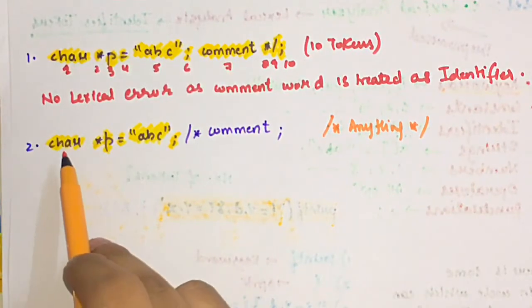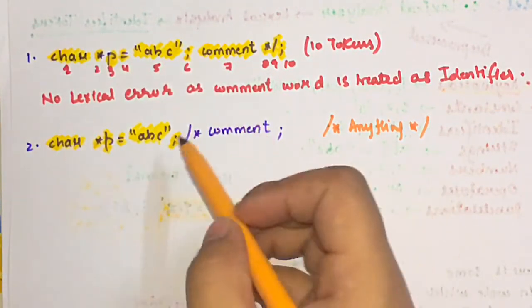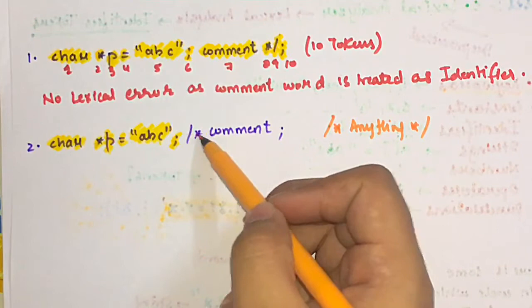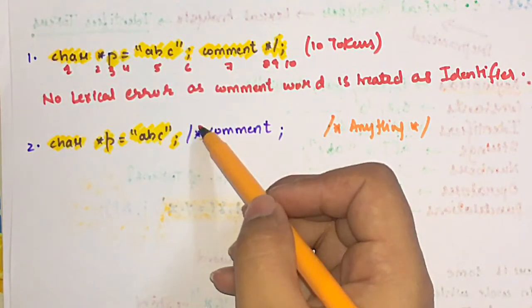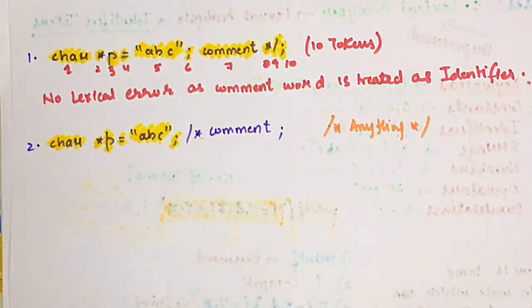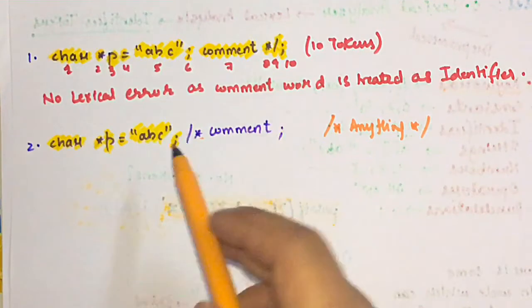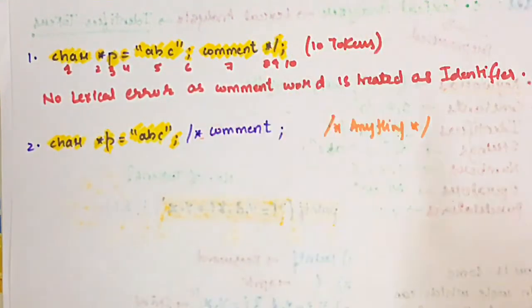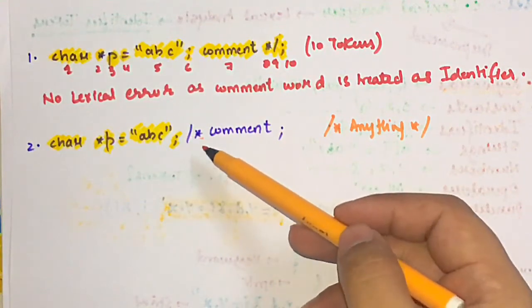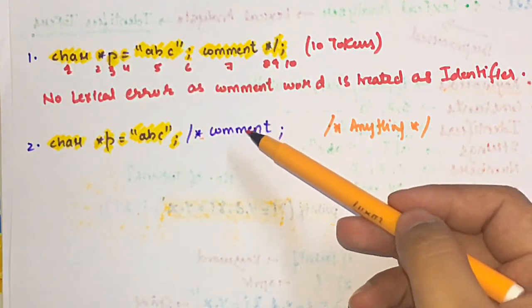Now when the lexical analyzer starts reading this line of code, it will encounter oblique and asterisk for the first time. After reading these two together, it is already defined in the definition of the lexical analyzer or compiler that whenever oblique and asterisk come together, anything afterwards will be considered a comment and ignored.